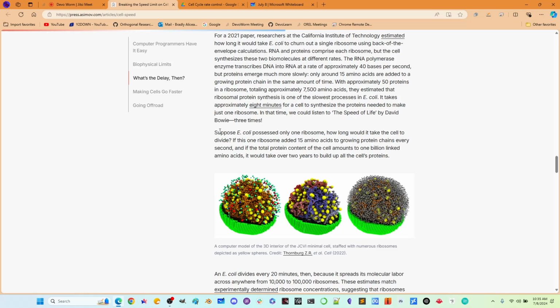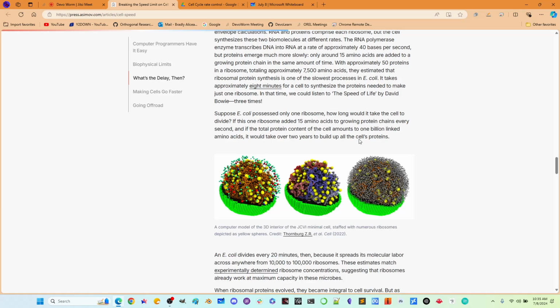We might want to ask the question, if E. coli possessed only one ribosome, how long would it take the cell to divide? If this one ribosome added 15 amino acids to growing protein chains every second, and if total protein content of the cell amounted to 1 billion linked amino acids, it would take over 2 years to build up all the cell's proteins.